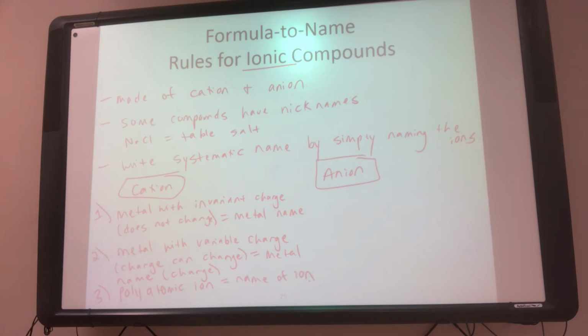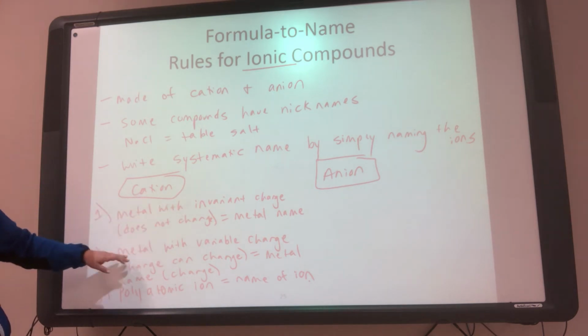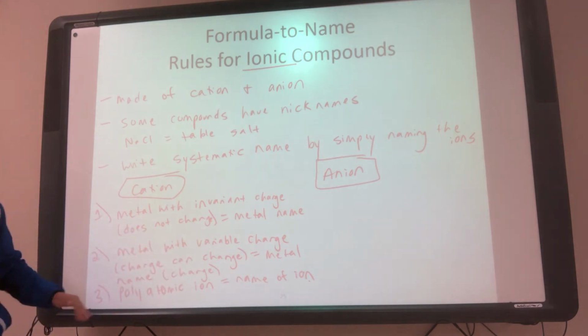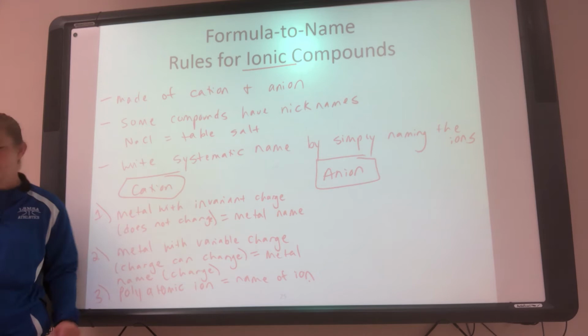So naming the polyatomics isn't too hard, it's just memorizing them. So those are my three choices for a cation. It could be a metal that has the same charge every time, a metal whose charge can change, or it could be a polyatomic ion. So it's not just a simple metal.